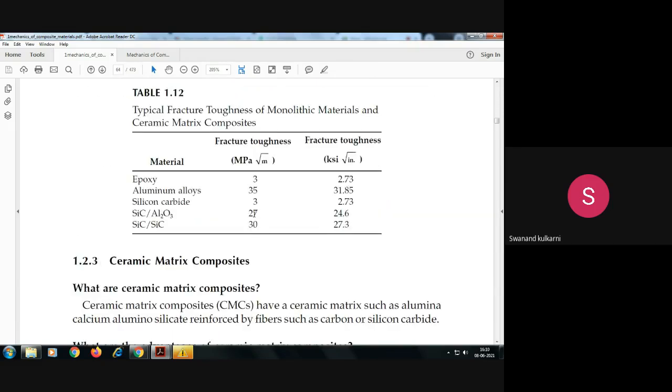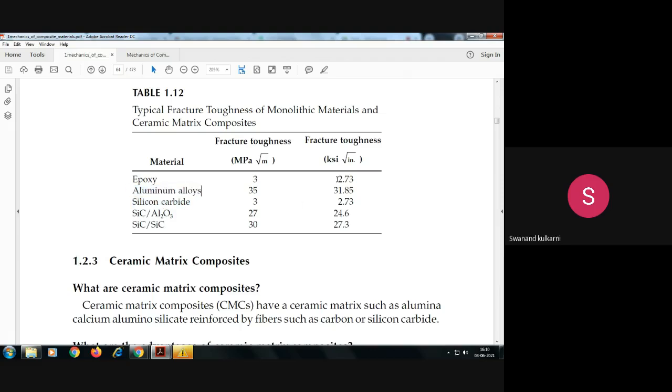As far as this table is concerned, you can observe the fracture toughness of composite materials: silicon carbide to alumina, silicon carbide to silicon carbide, only silicon carbide, aluminum alloys.